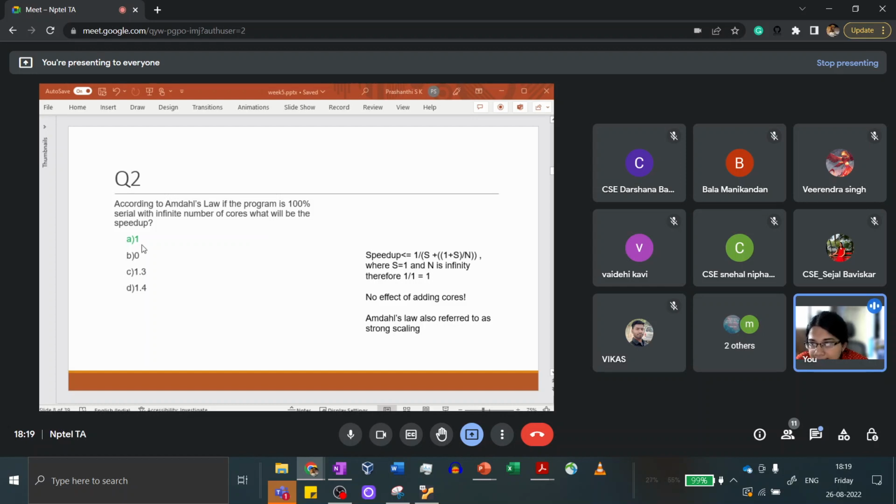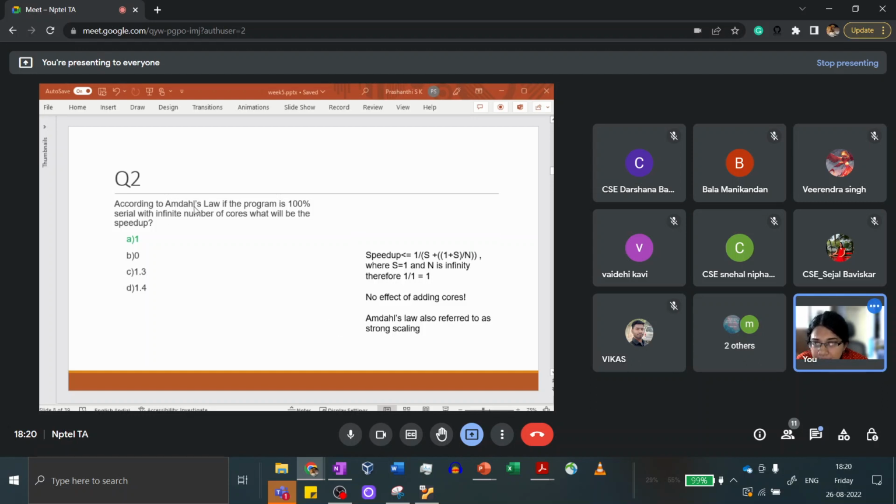So in essence, if your sequential program took 100 seconds to run, even if you add 100 cores, or you add 1000 cores, or you add as many cores as you imagine, it is still going to take the same 100 seconds to run, essentially because you can't parallelize the serial portion, right? So you don't get a speed up, and your program is going to take the same amount of time.